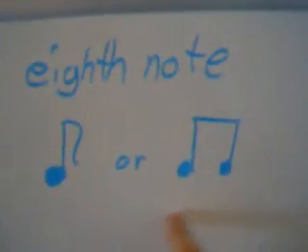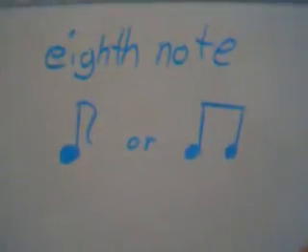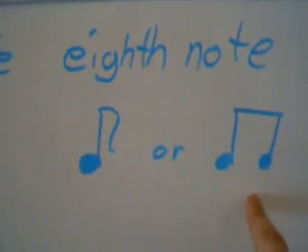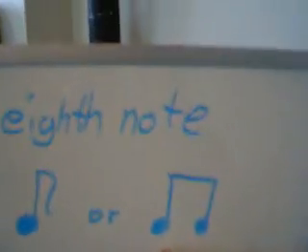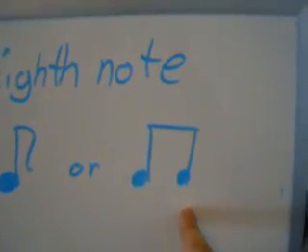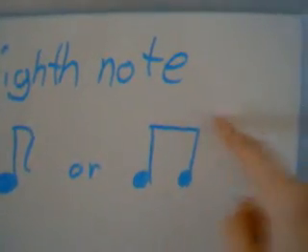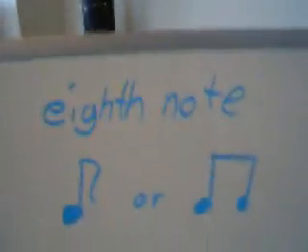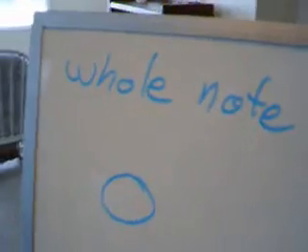And then I have this here because when you come into sheet music, if there's 2 eighth notes together, they'll usually join them together like this. They'll have the 2 circles filled in with the lines, and then a kind of bridge connecting them. Okay, so that's an eighth note. This is a quarter note. This is a half note. And that is a whole note.